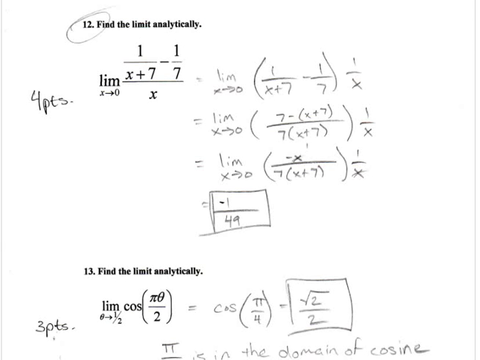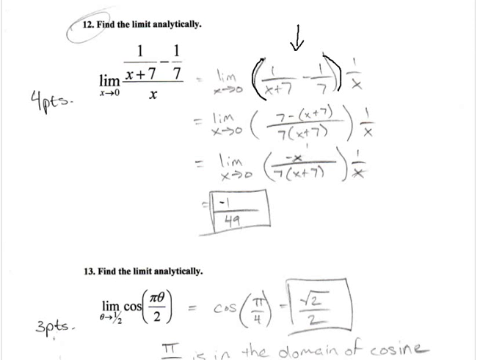So we consider the numerator first, and we'll bring out this 1 over x and multiply it back in once we are done figuring out what we should do with the numerator. In the numerator we have 2 different fractions, 1 over x plus 7, from which we subtract 1 over 7.